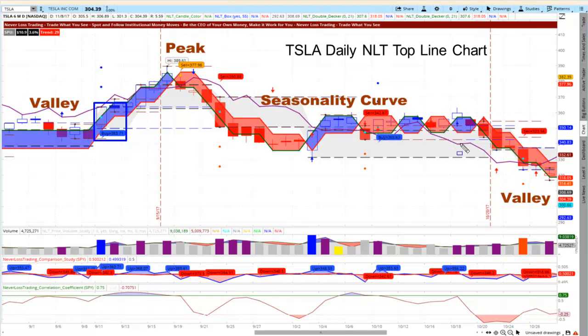The brown or purple curve in the background is giving you seasonality. You saw how Tesla followed that seasonality curve, came back to it, and so you could specify with the curve, with the help of those turn points and the signals, where prices broke to the upside or downside.